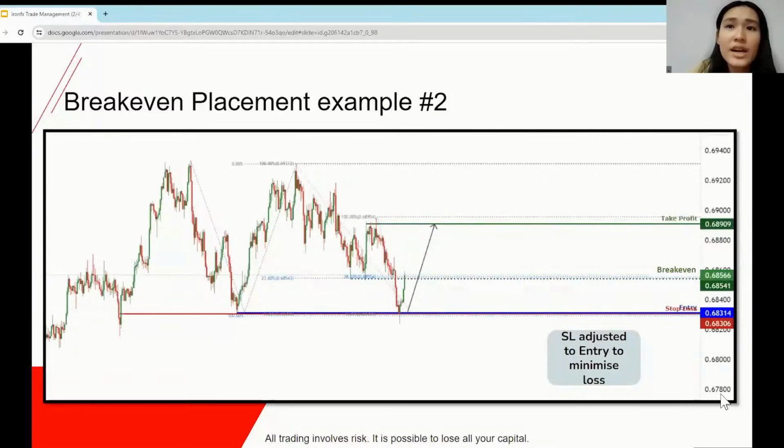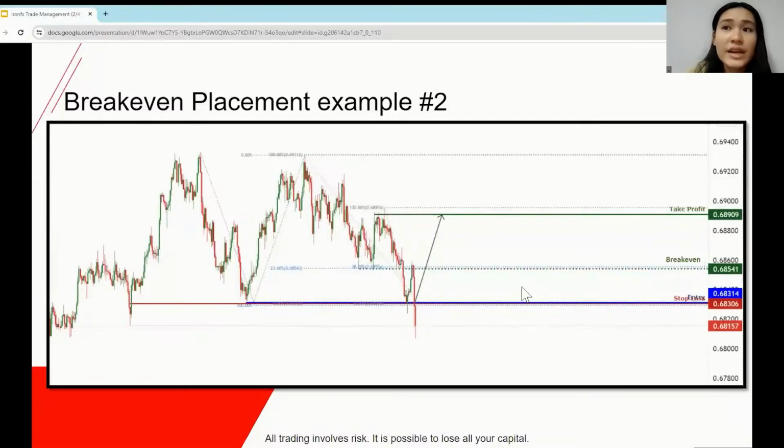And because we are using a break-even as well, not only did we get our partial profits, we are also moving our stop loss to our entry level, so that if it reverses off of this confluence area, we can get out at break-even. And you can see that's exactly what it did.